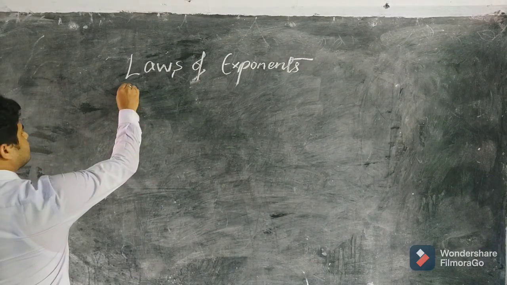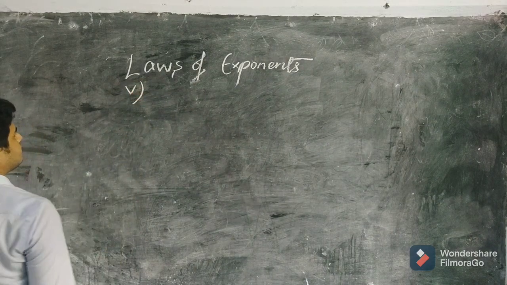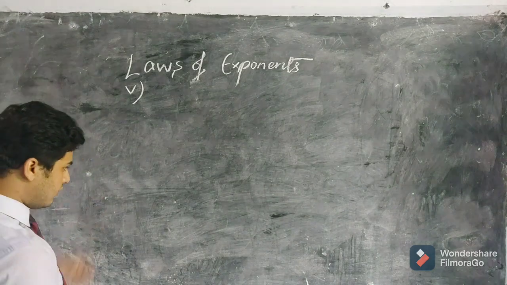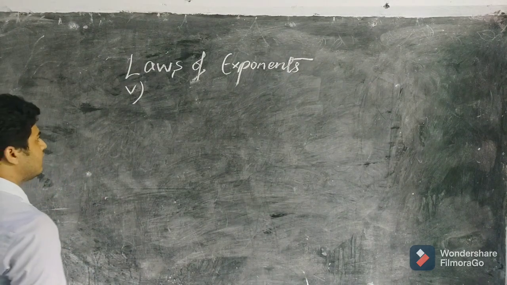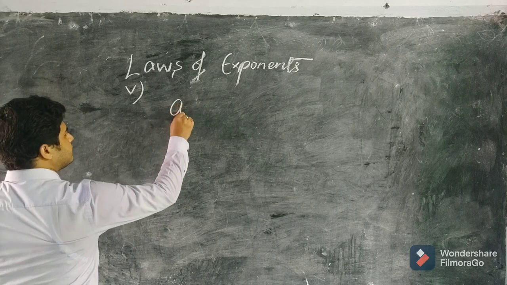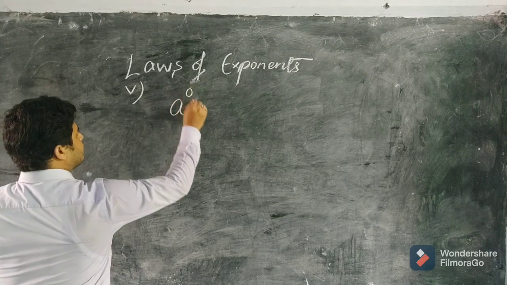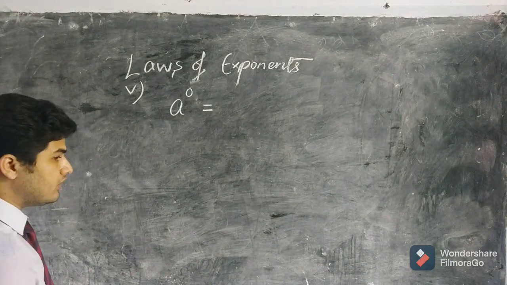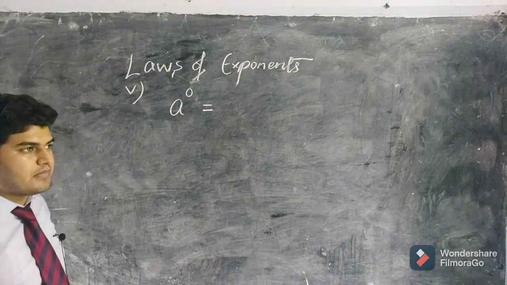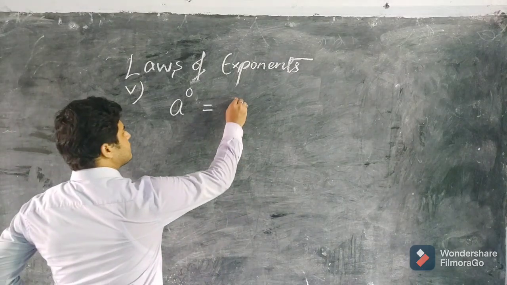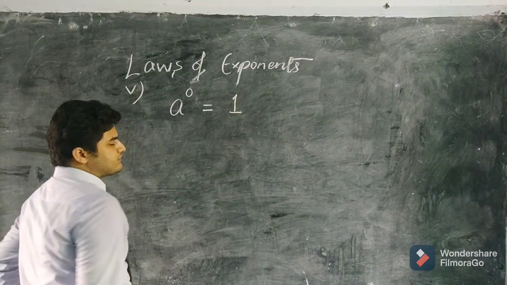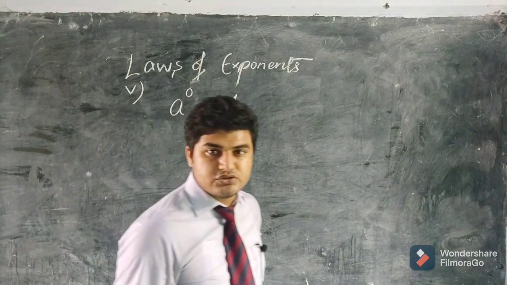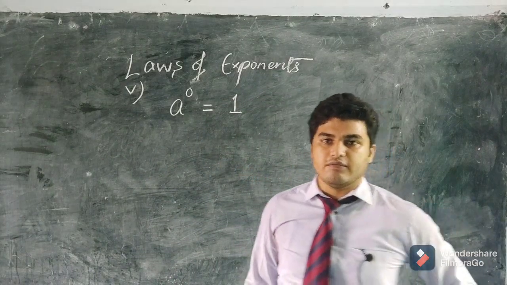Then the fifth law. The fifth law is that if there is a number whose power is 0, so any number raised to the power 0, its value is 1, always 1.